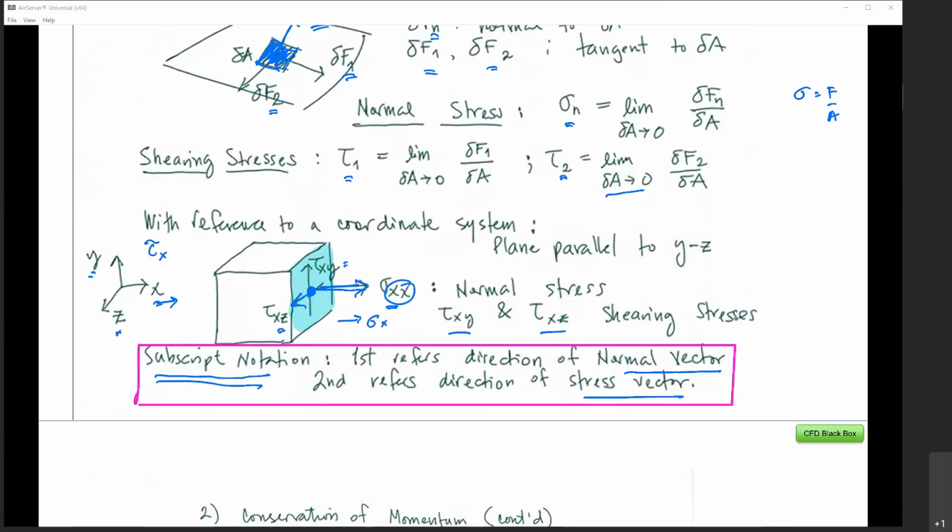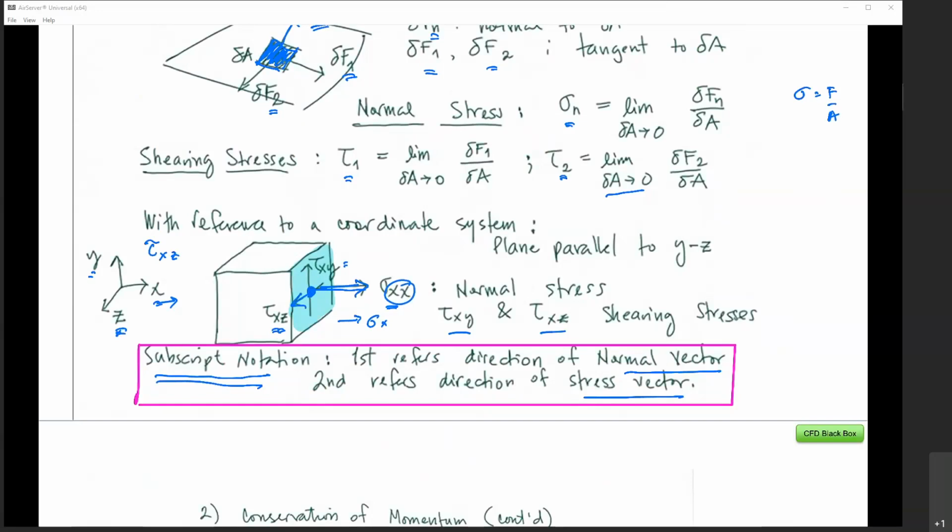So they are sharing the same element. The first term is x, and the second term refers to the direction of the shearing force. In this case, it's moving in the z direction, towards us. So that's why you get tau xz.